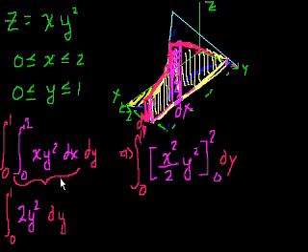And this is an important thing to realize. When we evaluated this inside integral, remember what we were doing? We were trying to figure out for a given y what the area under the surface was. For a given y, that surface kind of turns into a curve. And we've tried to figure out the area under that curve in the traditional sense, right? So this ended up being a function of y.